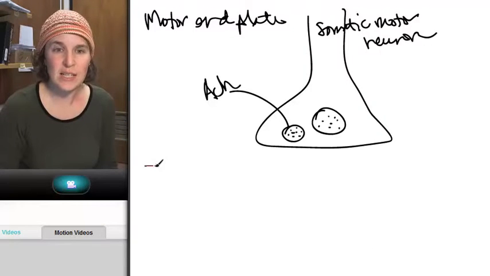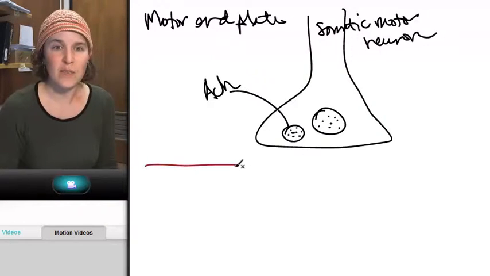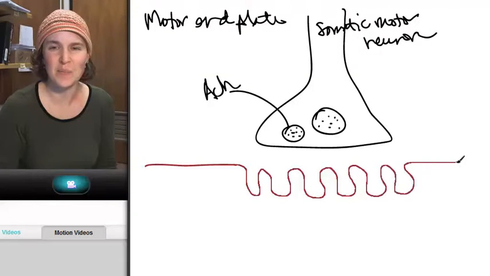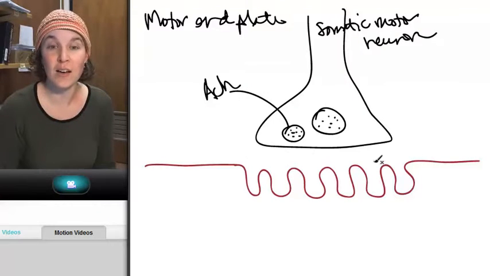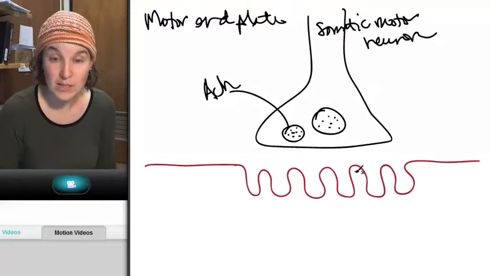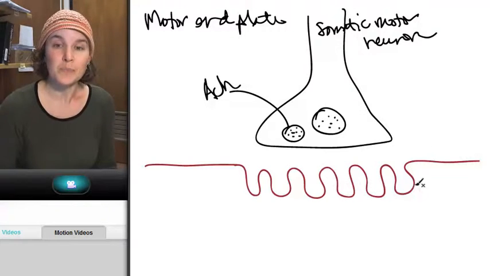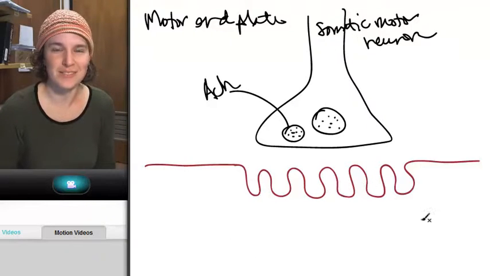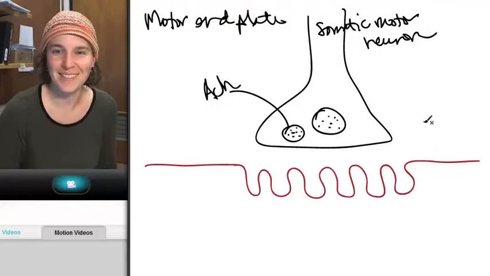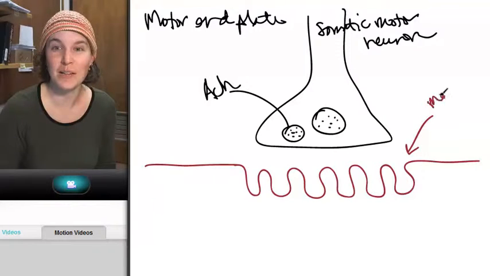Now, if this is the effector, what you're going to see here is a highly increased surface area of the cell membrane of a muscle cell, the sarcolemma. Motor end plate. That's the motor end plate.